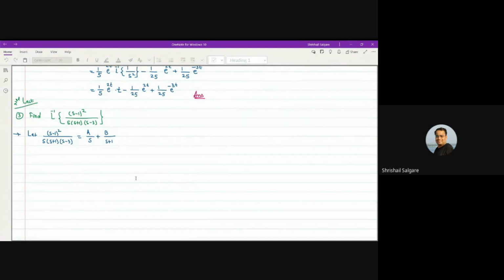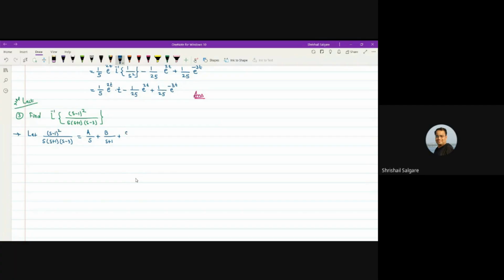So b upon s plus 1 plus c upon s minus 3. Is it right?